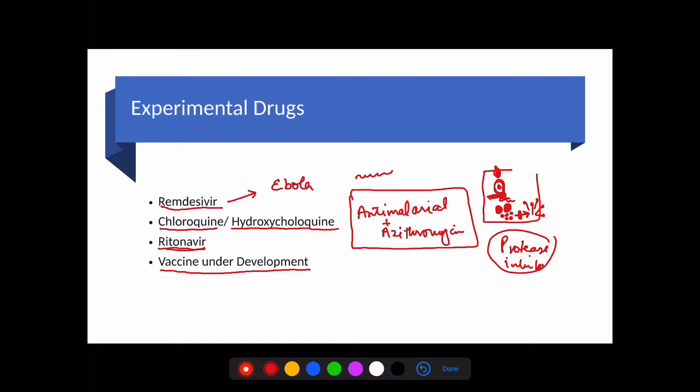So hopefully, as the summers kick in, as the temperatures rise, most probably the burden of infection and virus replication would go down, because the virus would not be able to survive in hot weather. So we are hoping for the best, and let's see how this whole pandemic unfolds in the coming months.